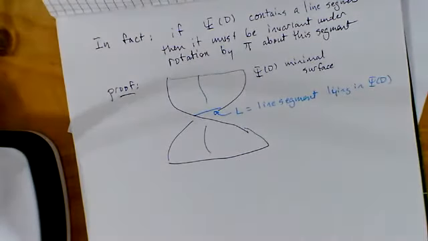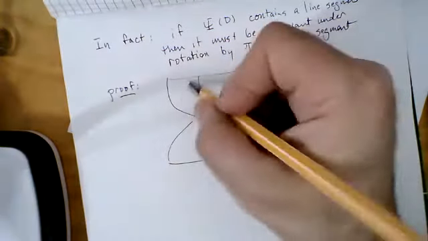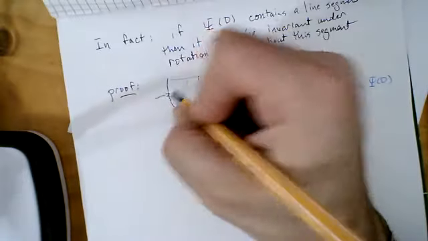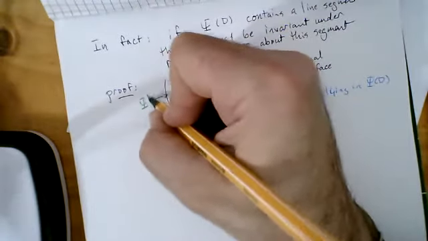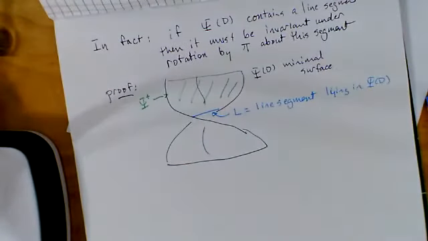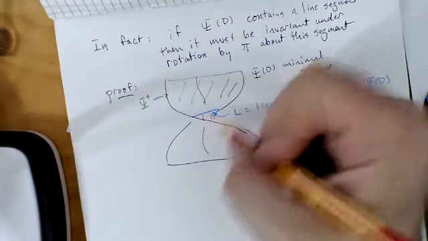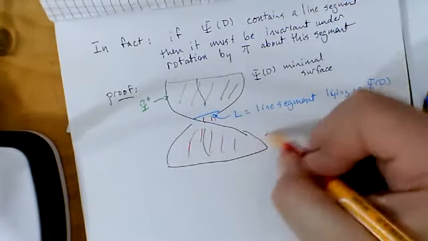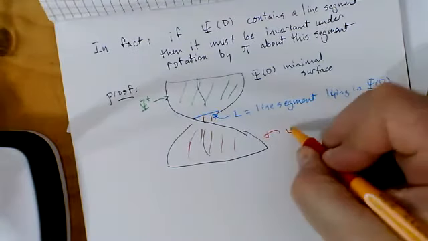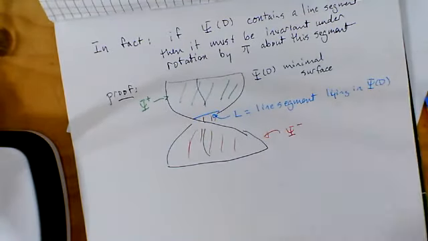So what do I do? I decompose my surface into two halves, the part on one side of the line. Let's call this part psi plus, and let's call this part psi minus. And what do I know?